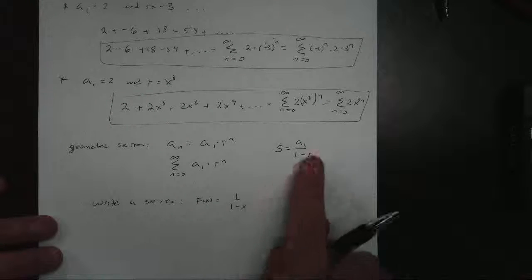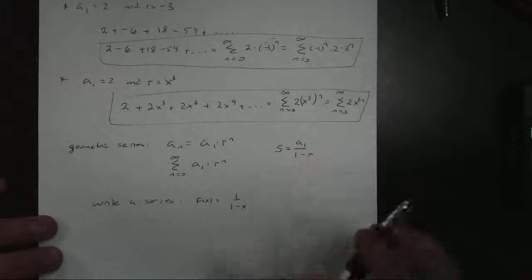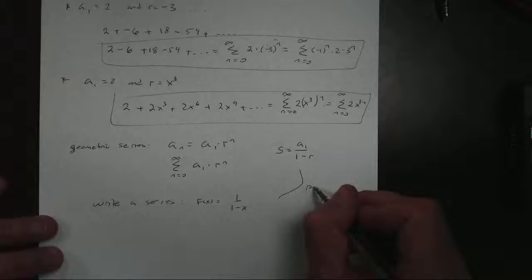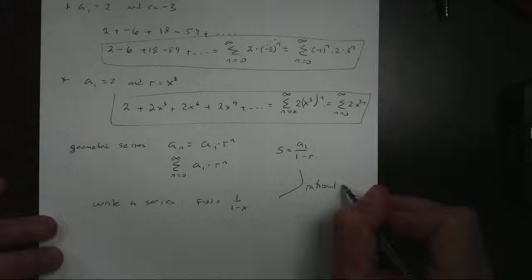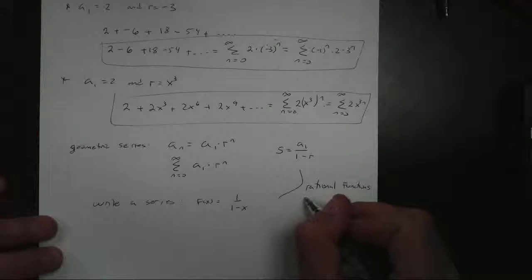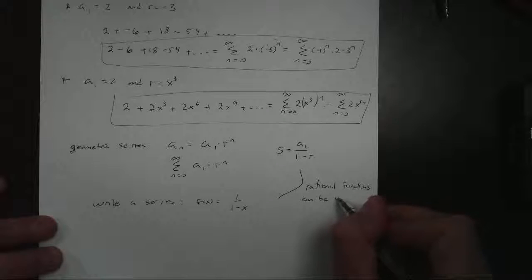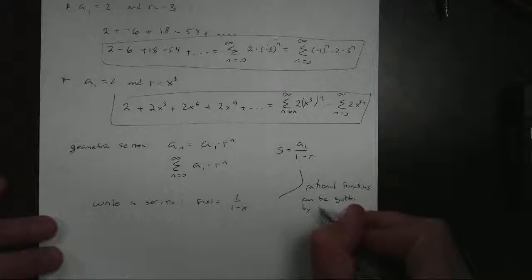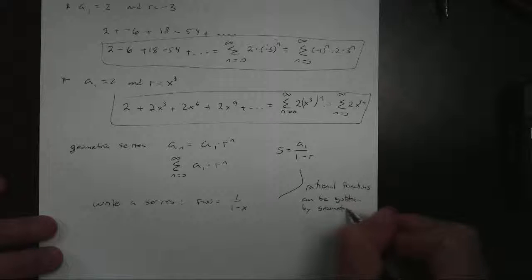So if I take a look here, they look almost the same. In other words, rational functions, which are not polynomial, can be gotten by our geometric series.